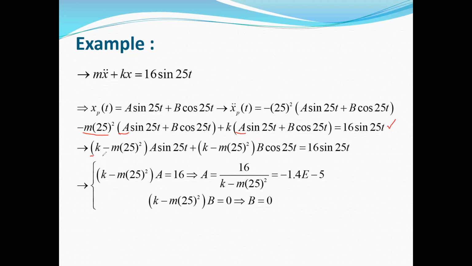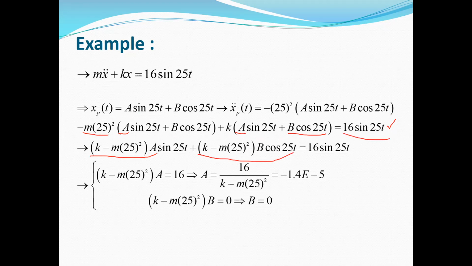So this is the coefficient of sine 25t. For the term cosine 25t, we will have minus b times m times 25 squared, and another cosine term, which is b times k. On the right hand side, we only have 16 times sine 25t.